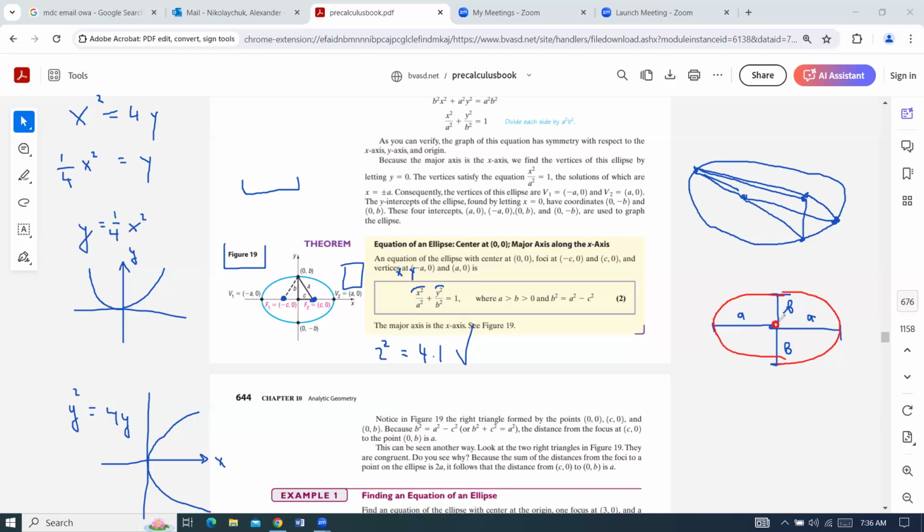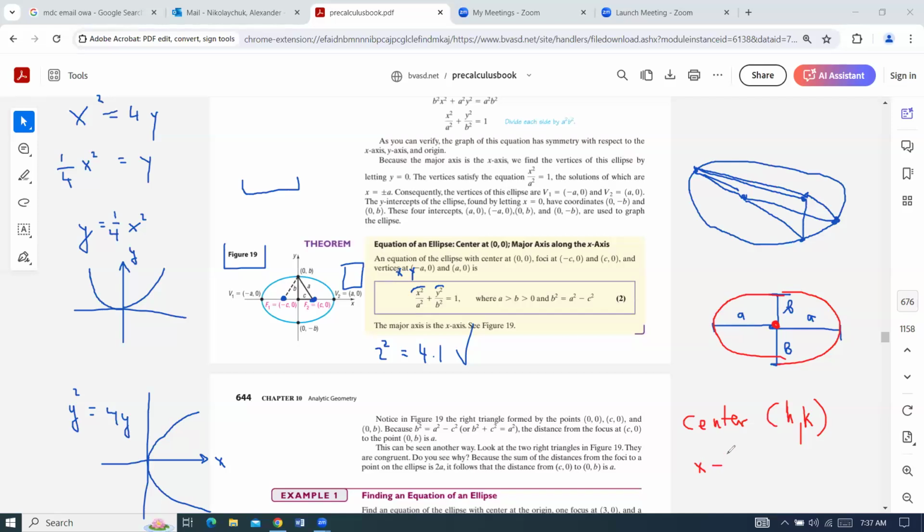So what's important to have is the so-called center, and the center of this is always called H and K, so the pair H and K, just like in the case of parabola we had. And then if we know A and B, then we'll be able to produce the picture.